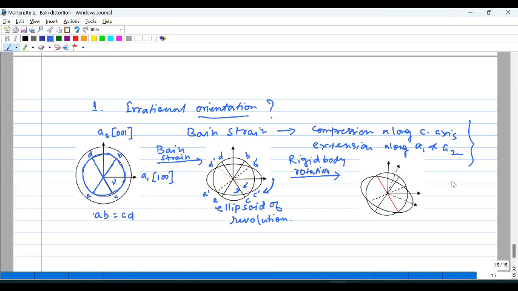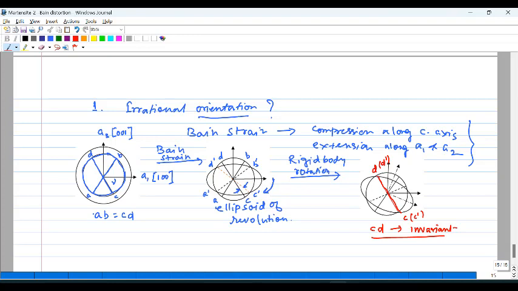That has been shown here through this red line. So therefore, we can say that at least one line, that is CD, is remaining invariant if we combine a rigid body rotation with the Bain distortion.